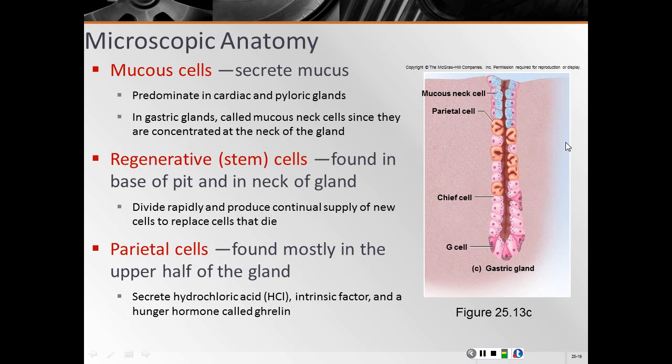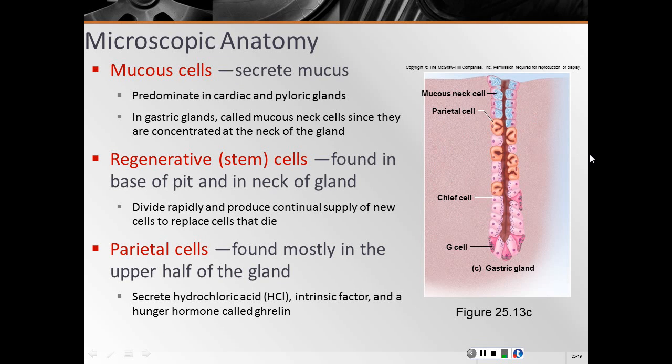Those are the ones that secrete mucus and predominate in the cardiac and the pyloric glands. In the gastric glands, they are called mucus neck cells, because they are located in the neck of the gland, as you see right in this particular region.